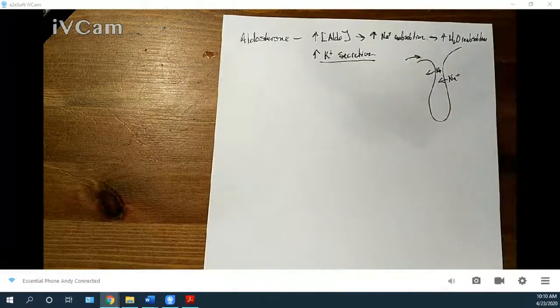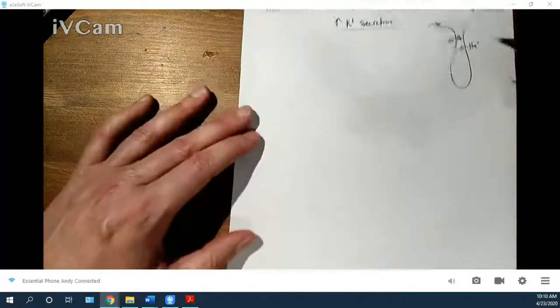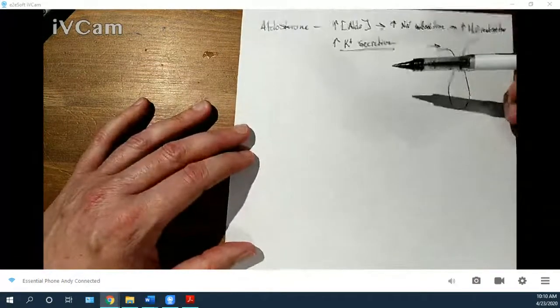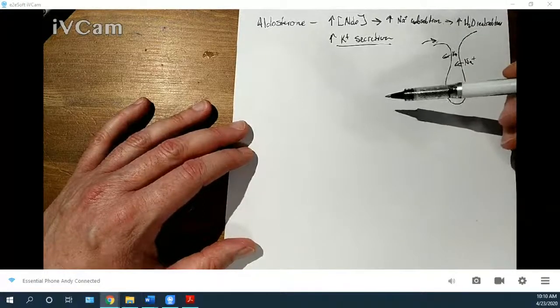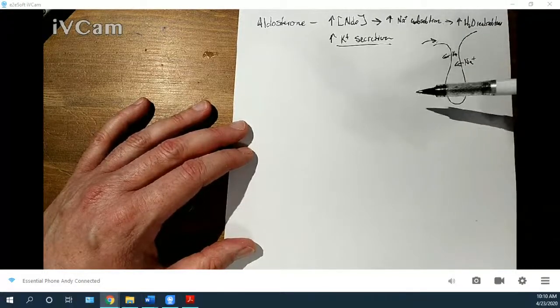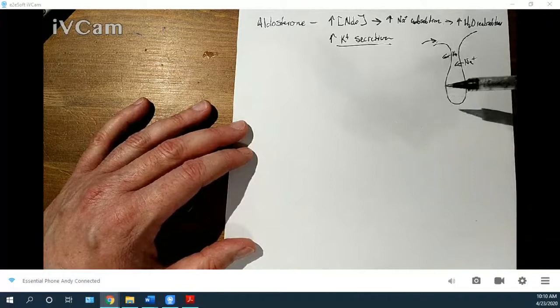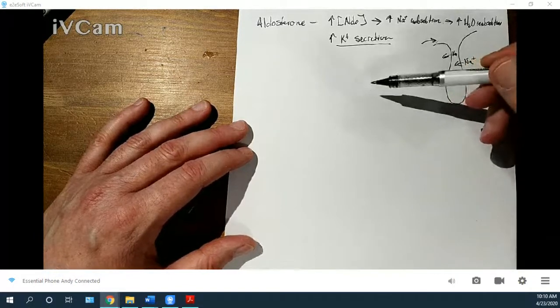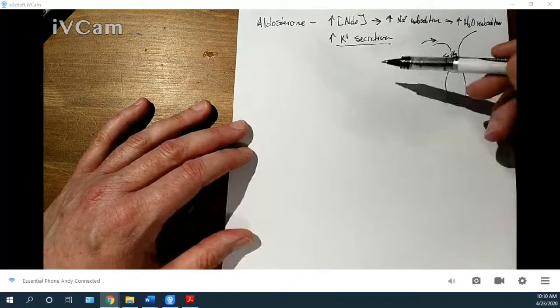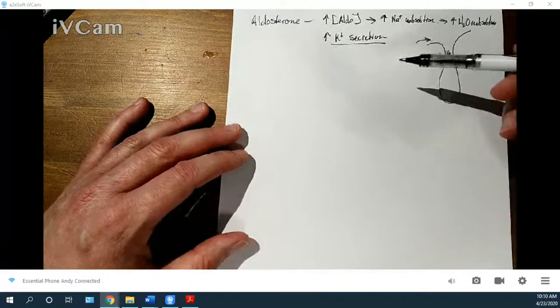Some of the facts about it: it's produced in the adrenal cortex. So now we're back to the kidney again. We have given a mechanism that the kidneys produce, which has gone all the way through and produced another chemical called angiotensin 2, which stimulates a hormone that is produced at the adrenal cortex, or I should say of the adrenal gland.